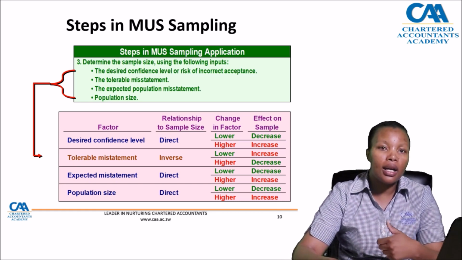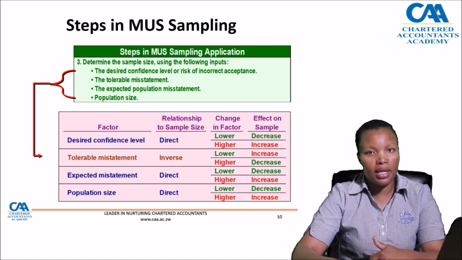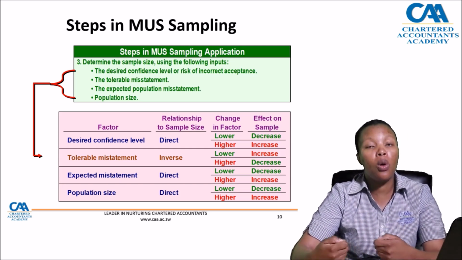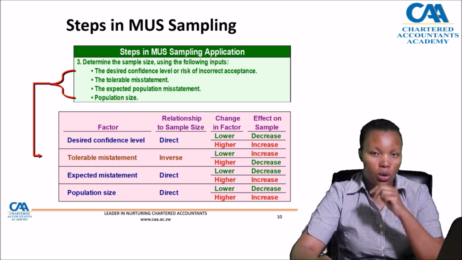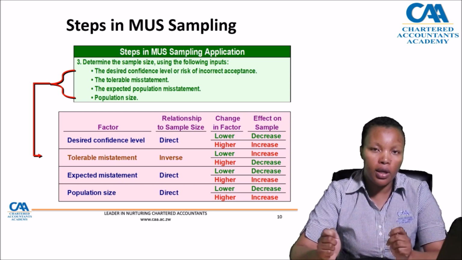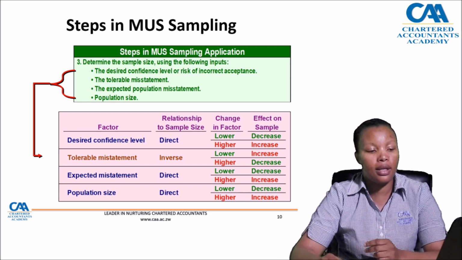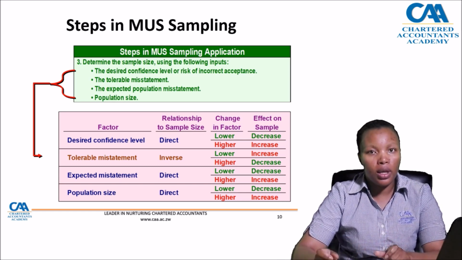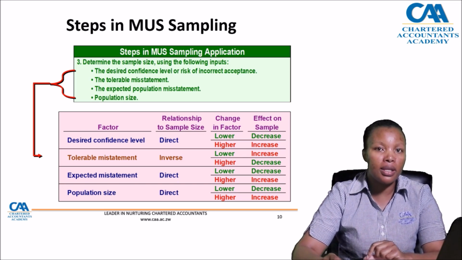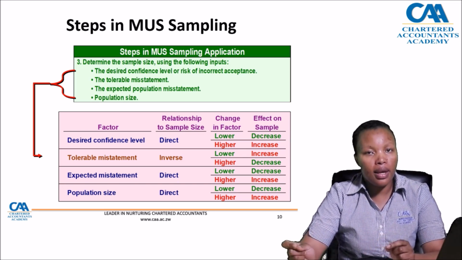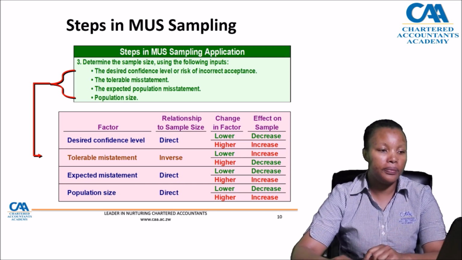And where you want a higher tolerable misstatement, where you're willing to accept more misstatements and still conclude that the population is not materially misstated, it's fairly stated, then the sample size will decrease.